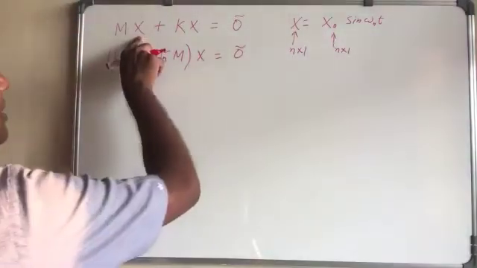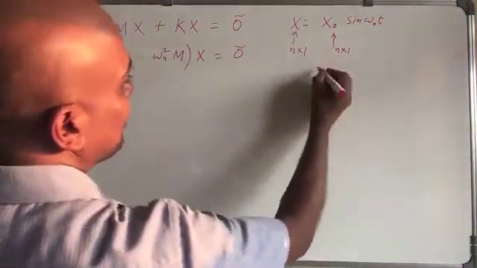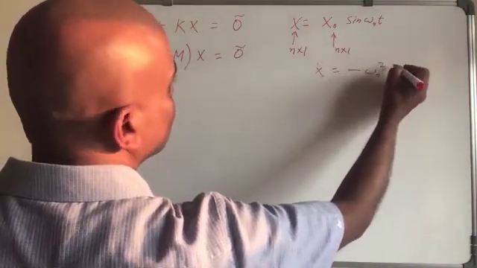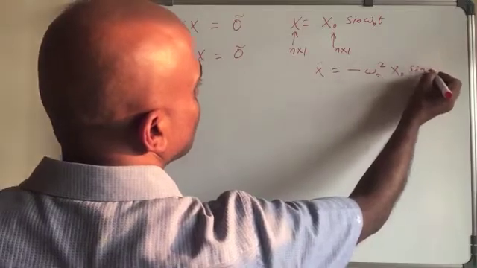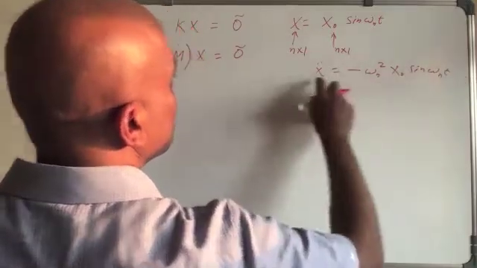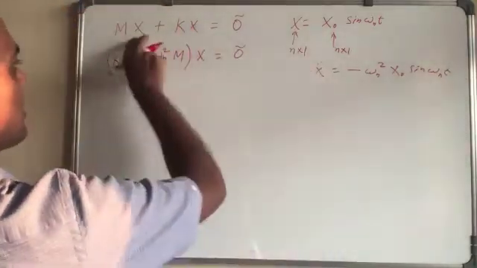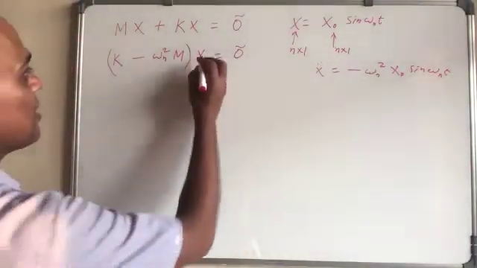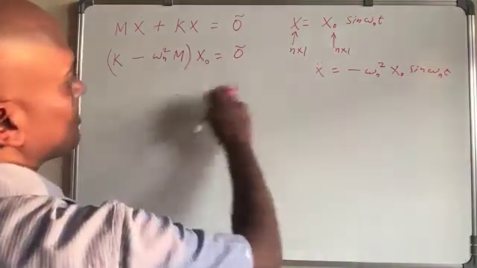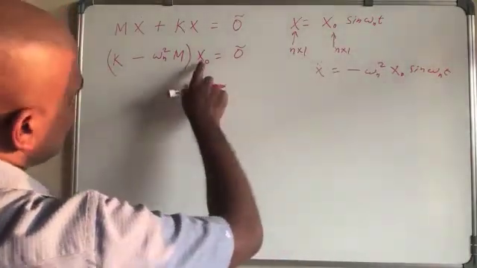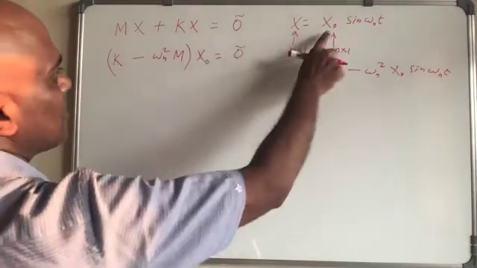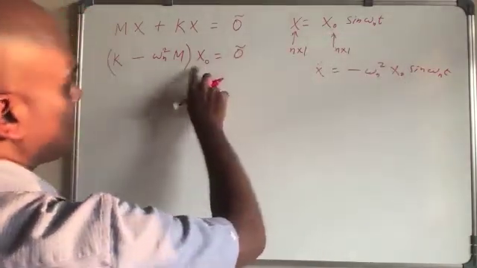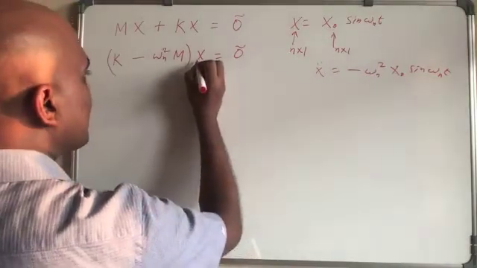So you take x double dot, and what do you get? x double dot equal to minus omega n square x naught sine omega n t. You put x and x double dot here and you will get this equation. Not x, you will get x naught in this case, because x is equal to x naught sine omega n t, right? So you get x naught here.